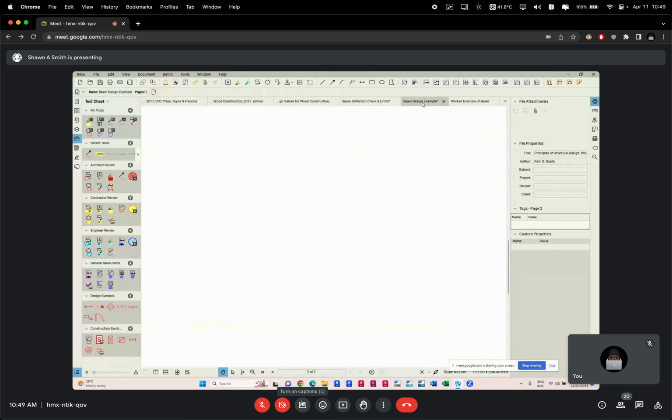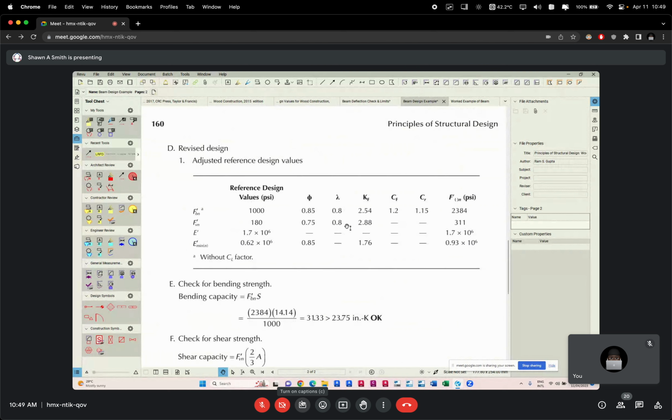Let's verify that. 0.75 and 2.88. And this lambda remains the same. So with that, you have an adjusted shear stress of 311 psi. Nothing modifies there. E prime and E min are modified by these two.